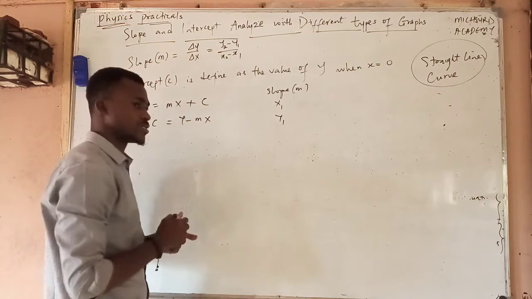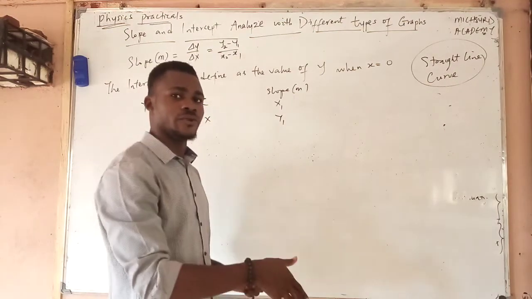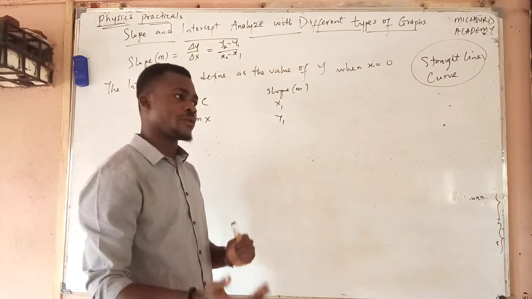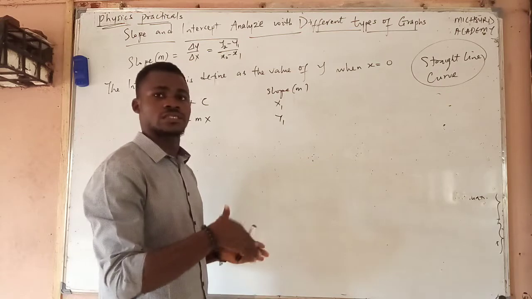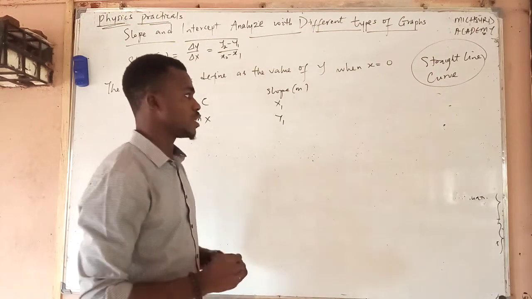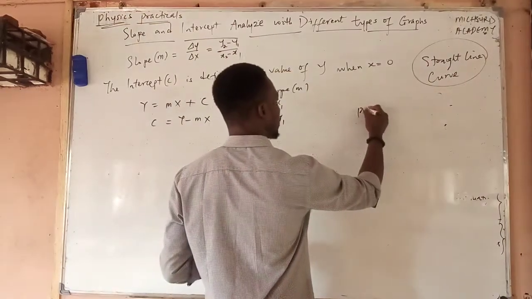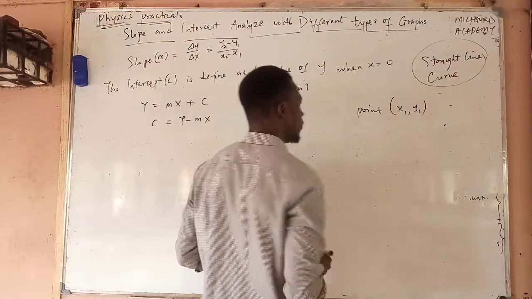Now we already know we can calculate our intercept directly from the graph. But now we are analyzing it with the formula to see if we can still get the intercept from the formula. It is very possible. So what you do is that you pick a point in your graph, let's say x1, y1.